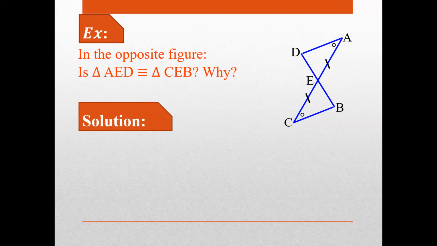We have two triangles, triangle AED and triangle CEB. Our givens are AE equals EC, and measure of angle A equals measure of angle C. To find the case of congruent triangles, we have three conditions.